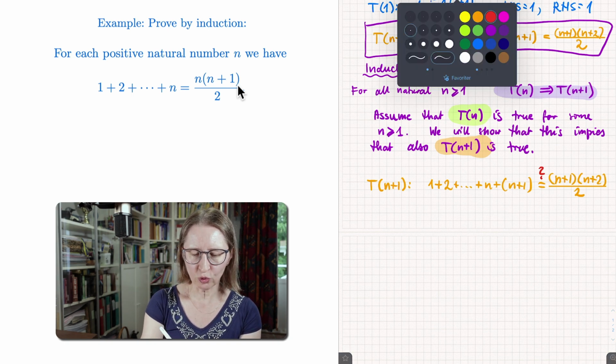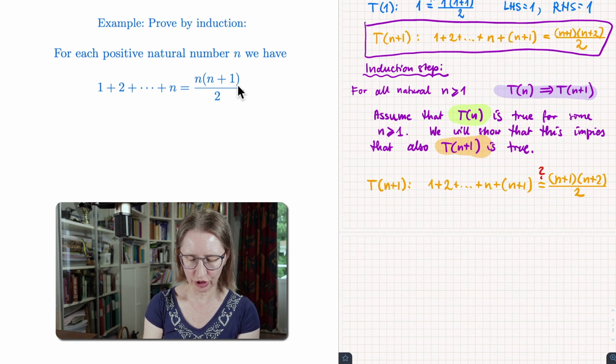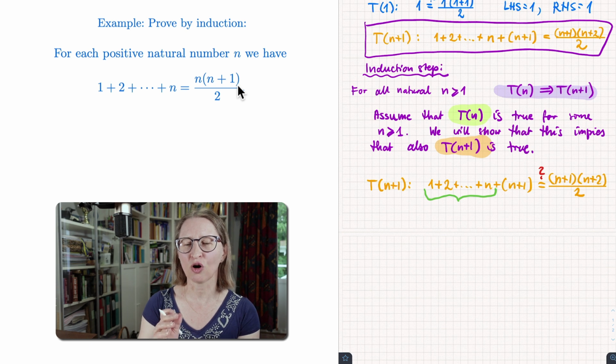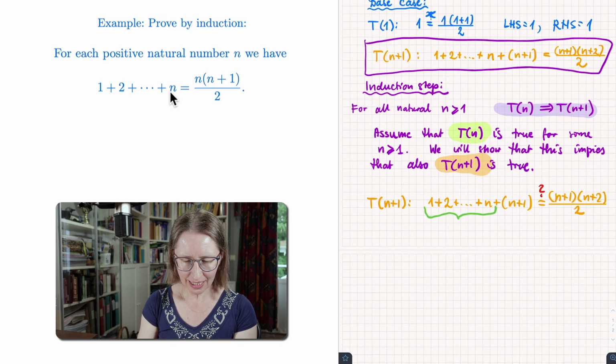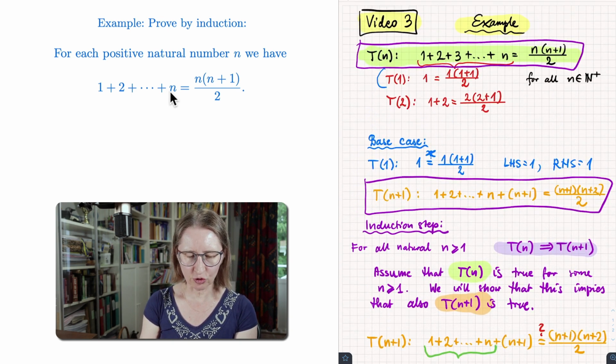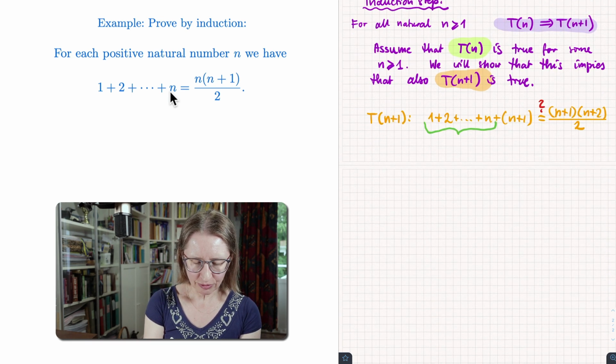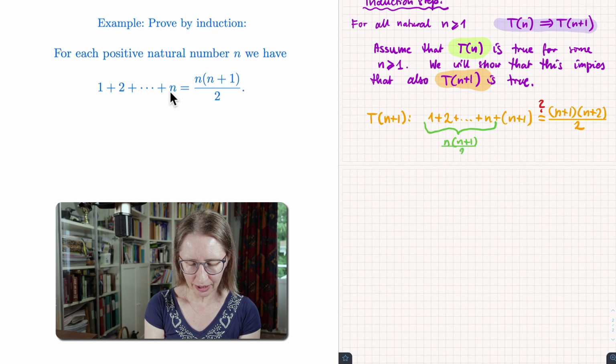But we do have an induction assumption which tells us that the sum of 1 plus 2 plus up to n is equal to, by this green formula, because now we suppose that our formula is true for some n, and this means that this sum is equal to n times n plus 1 divided by 2.